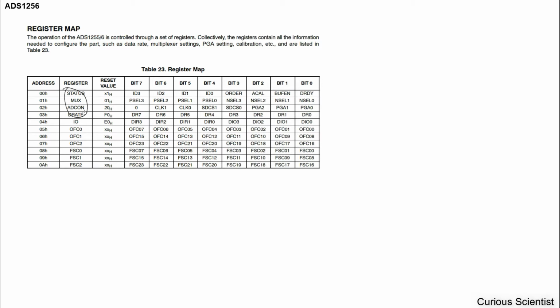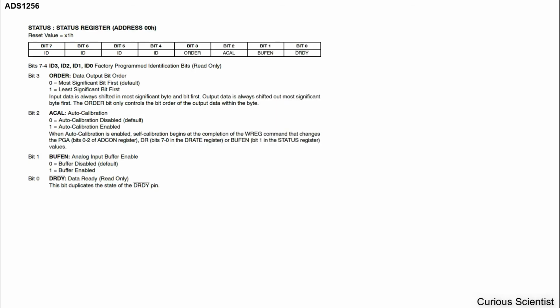So now let's take a look at the status register. This is the status register, and each bit has its description down here. I call them the first 4, but basically the last 4, but we read from the last towards the first place.